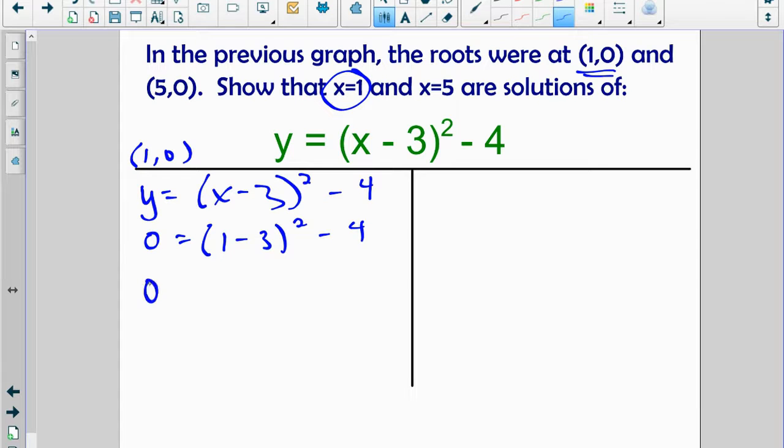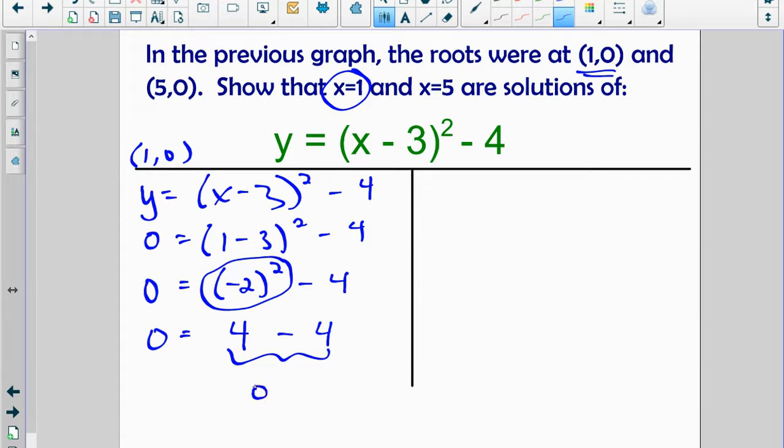And I'm going to check, does the right side actually have an overall value of 0? So 1 minus 3 is negative 2. I do that in the parentheses first. Then I apply the exponent. So negative 2 multiplied by negative 2 is positive 4. And 4 minus 4 is 0. So it is true, which tells me that (1, 0) was actually one of our solutions.